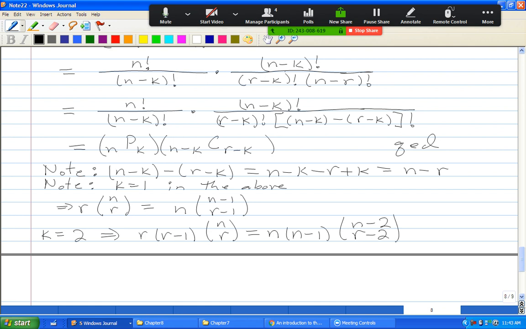And those will be very important properties.